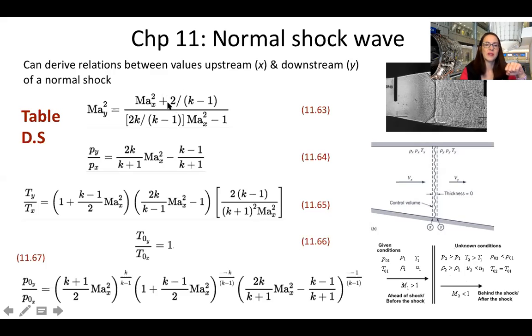Okay, we can derive this set of equations that relates the properties upstream and downstream of the shock, all in terms of the upstream Mach number. So here, if we know the upstream Mach number, Mx, we know the downstream Mach number. If we know Mx, we know the ratio of static pressure before and after the shock.